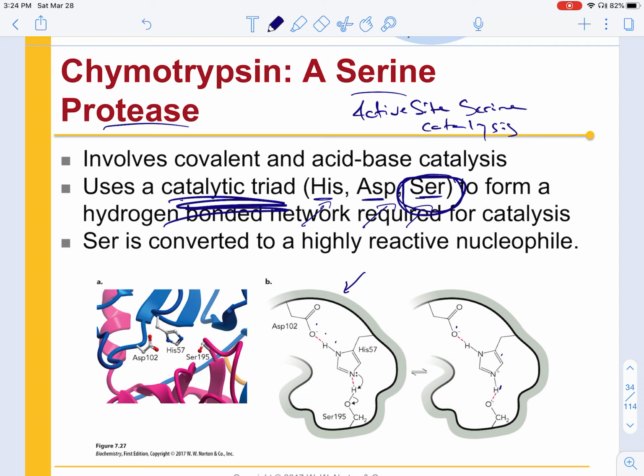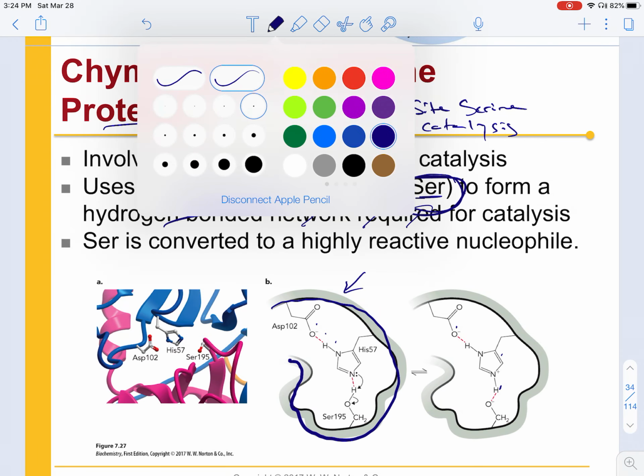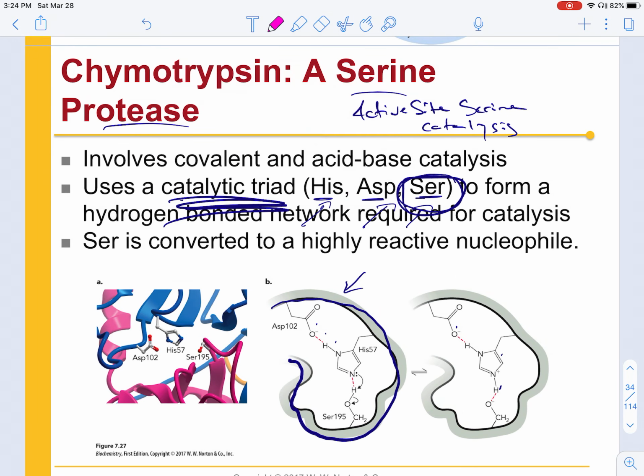Here is how this catalytic triad is set up in the active site of the enzyme. The aspartic acid hydrogen bonds with this histidine, which helps the histidine become a better proton-withdrawing group itself.